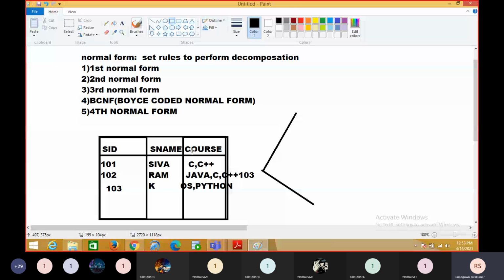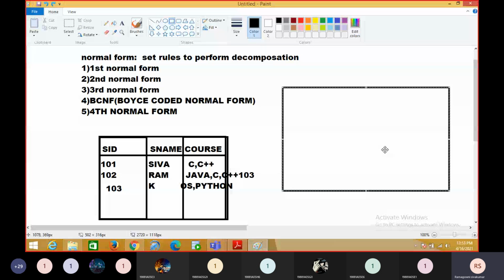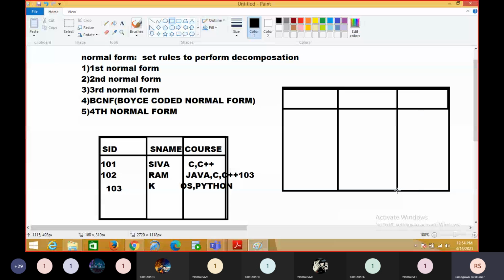Now you need not decompose into two tables. Within the one table we can do it. We only avoid the multiple values in one column.